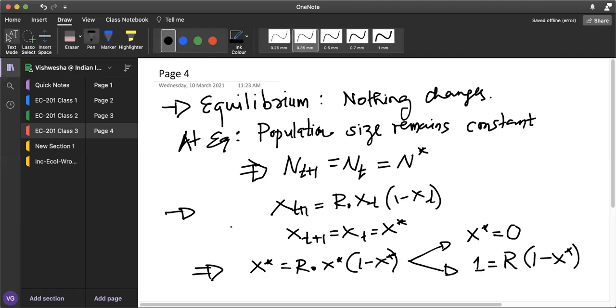If you solve this equation, correct me if I'm wrong, you multiply this with this equation, and then I think you will get R minus 1 divided by R. Is that right? If you solve this simple algebraic equation, you find this.